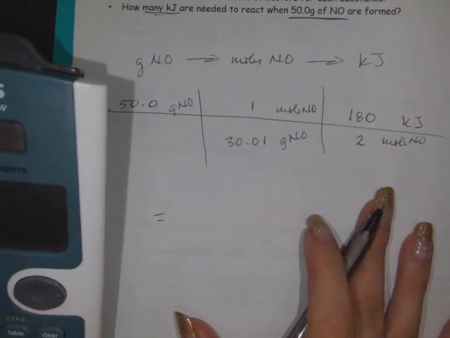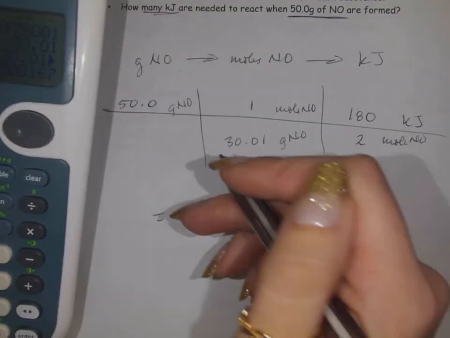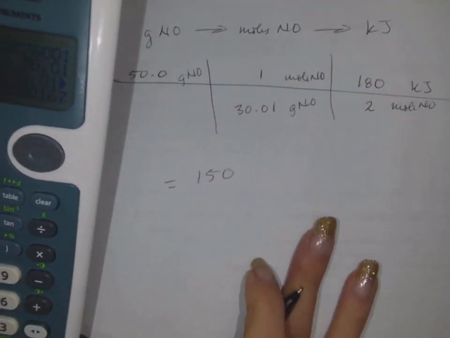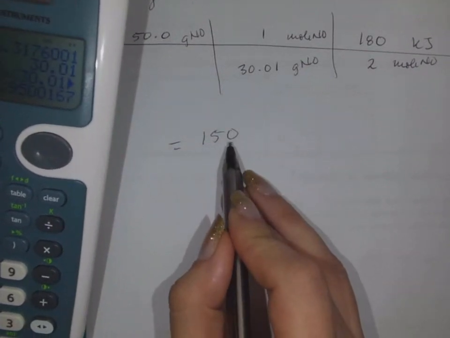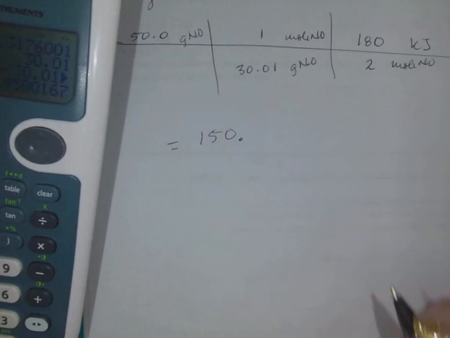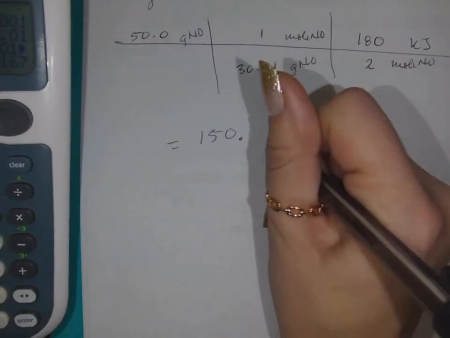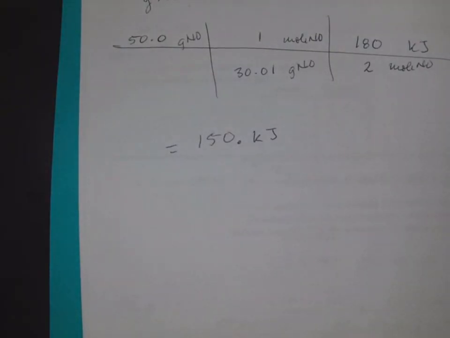Okay, we have 3 sig figs again, so I'm going to round this up. So it's 149.9. So for 3 sig figs, it'd be 150. But if I don't put the decimal, that's 2 significant figures. Trailing zeros are significant if there's a decimal, so that would be 3 sig figs. So 150 kilojoules would be consumed.